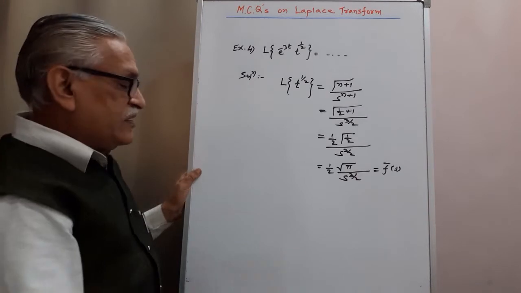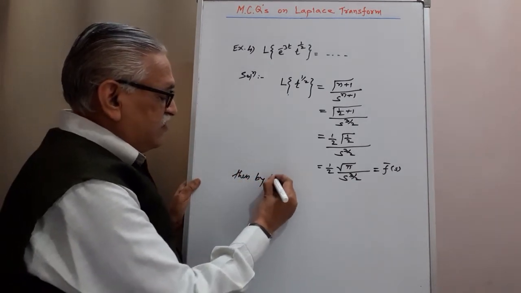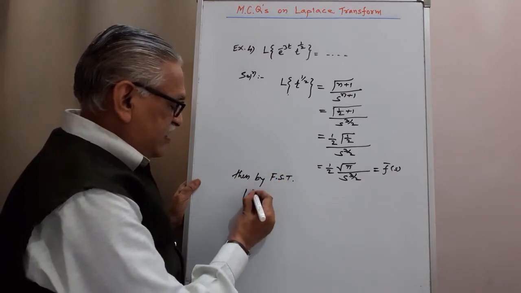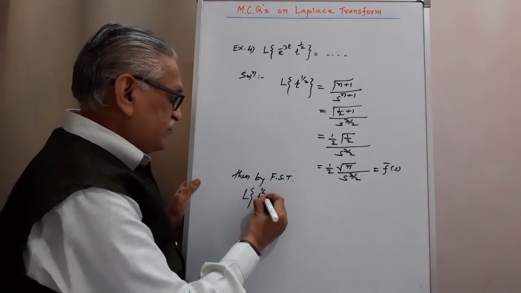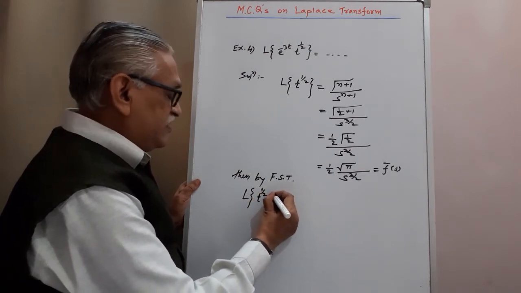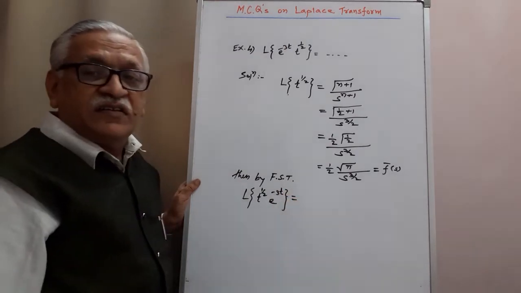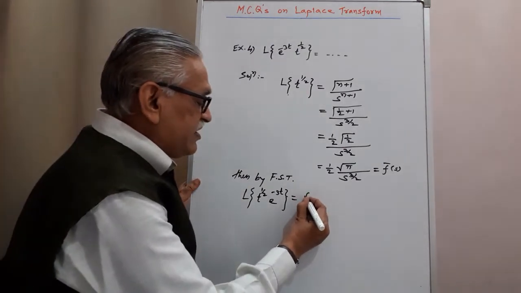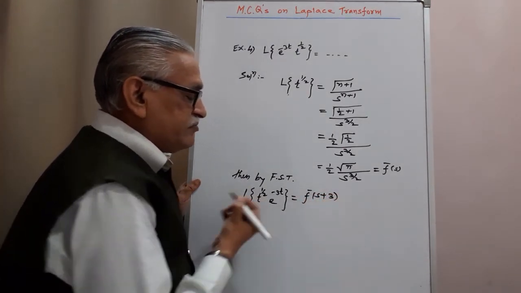Then, by the first shifting theorem, the Laplace transform of t raised to 1 by 2 multiplied by e raised to minus 3t, as it is multiplied by e raised to minus at, we have to replace s by s plus a, where a is here 3.